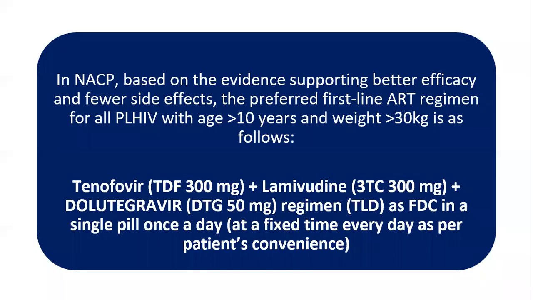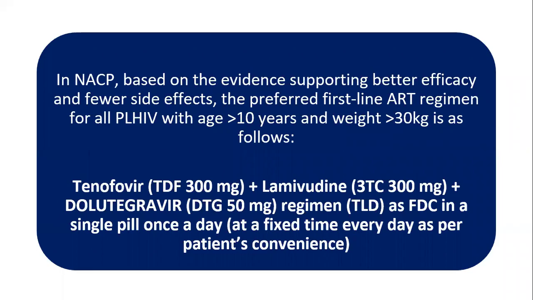Now, for adult and adolescent more than 10 years of age and weighing more than 30 kg, the preferred regimen is TLD, that is tenofovir 300, lamivudine 300, and dolutegravir 50 milligram in a fixed drug combination as a single pill once a day at a fixed time every day. That is, a person can take the molecule at any time of the day, but the timing should be fixed for every day. That is, every 24 hours, the patient has to consume 1 tablet.